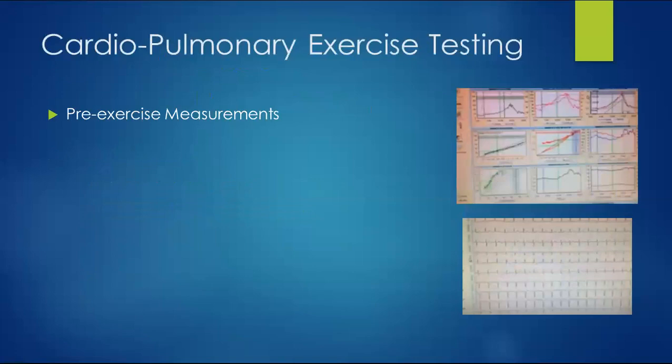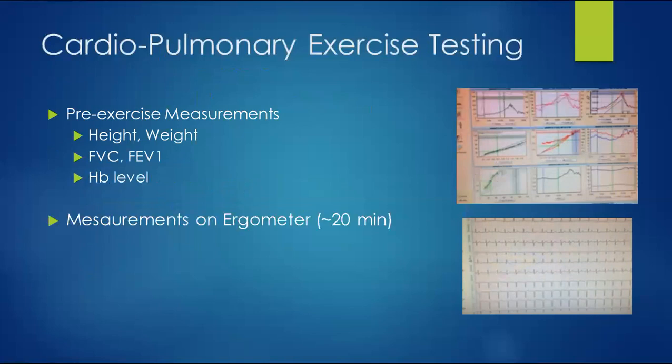Prior to actually undertaking the test, a number of measurements are taken. These include height, weight, forced vital capacity, FEV1, and your baseline hemoglobin level. You then enter onto the ergometer or treadmill, and there are various protocols, for example the Bruce protocol, where after a few minutes the incline increases.